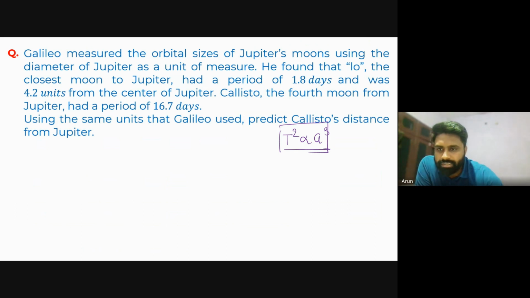Try to solve this. Naresh, Hashira, Priyanka, Vikas, Bhavna, all of you try to solve this question. Time period is given for Io, and distance is also given, which is 4.2 units. So you do not have to worry about kilometer, meter or whatever. It mentions its units.